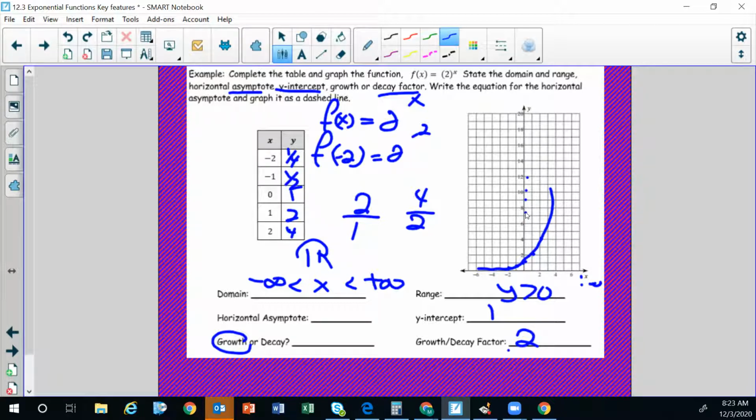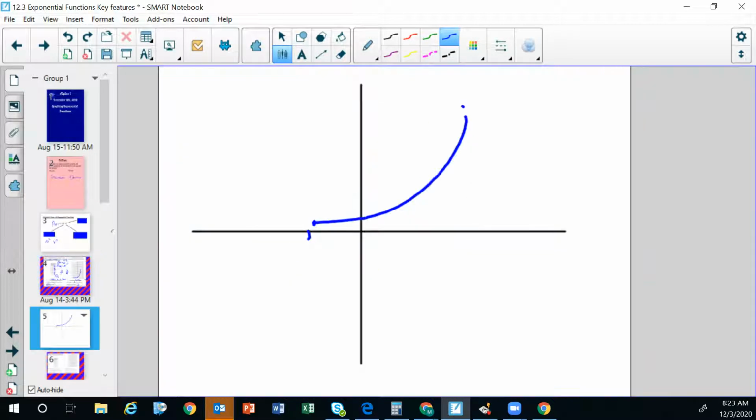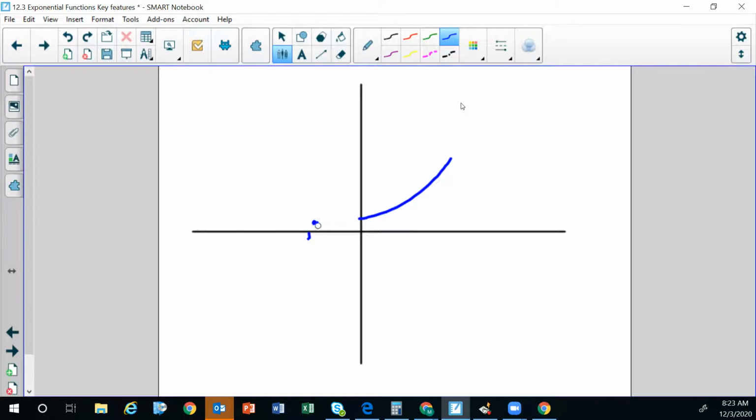Now, let's talk about asymptote. This is very key. I'm going to go back here. Let's do a quick review. Y equals 3. What does that look like on a graph?